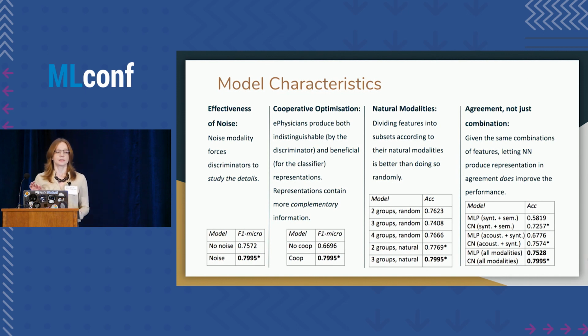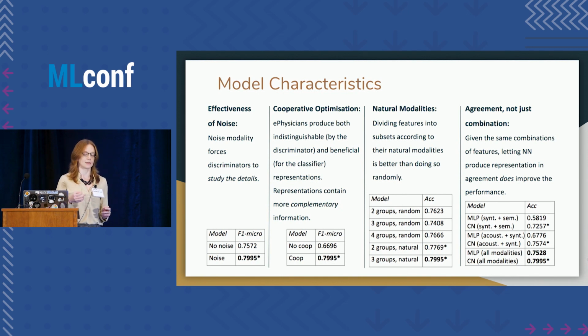And the last thing that I want to mention about these models' characteristics is that it is important to have an agreement, an actual consensus between modalities, and not just use as many features coming from different modalities and concatenate them into one group.